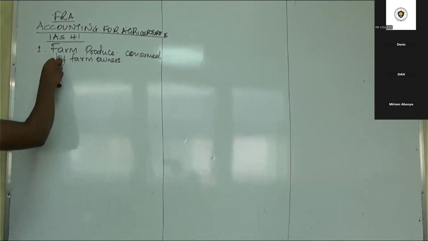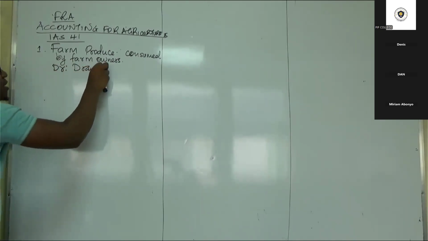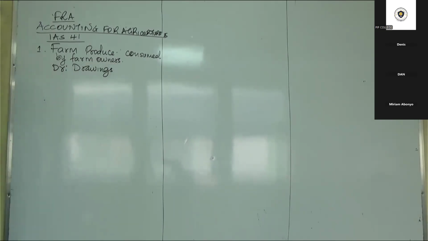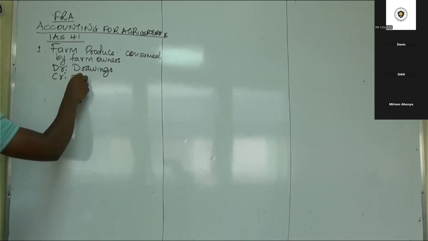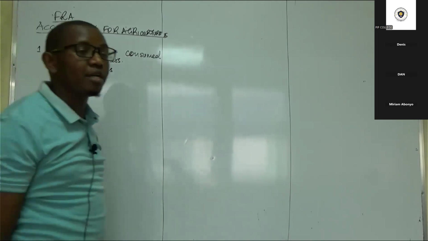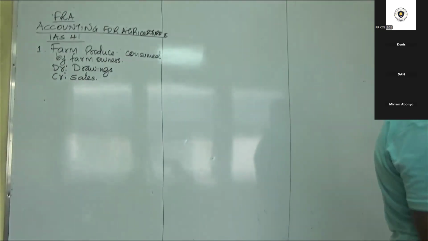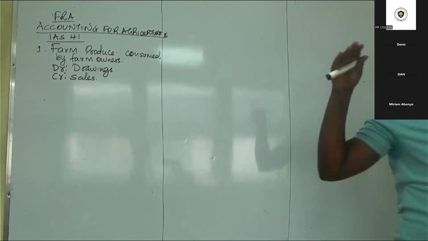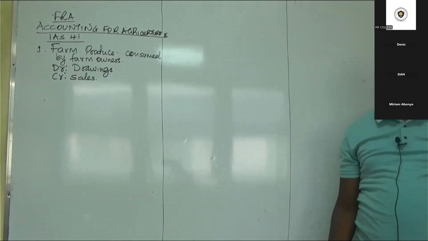So what we do is increase the drawings, which reduces their capital, and then we credit the sales. We have sold them to them. So you have to debit the drawings account, and then you credit the what? The sales account. Are we together? That is when the owners have consumed a particular good.